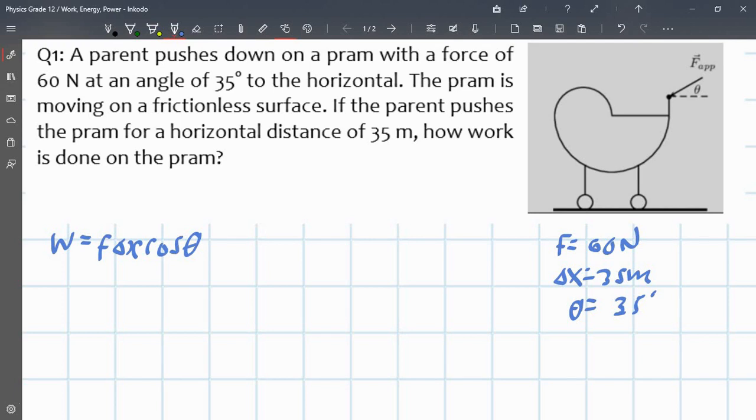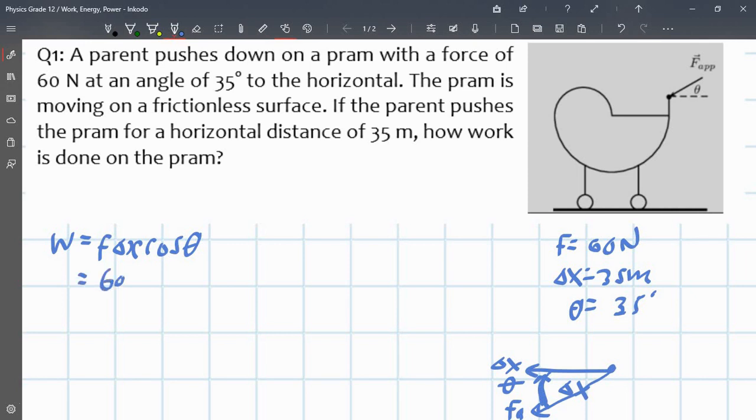If you want to draw a free body diagram to understand what's actually going on, you know the displacement is this way, and the force is acting there. That's your force applied, and this is your change in x displacement that way. So the angle between them, that's your theta. It's very straightforward. You just have to plug in values now.